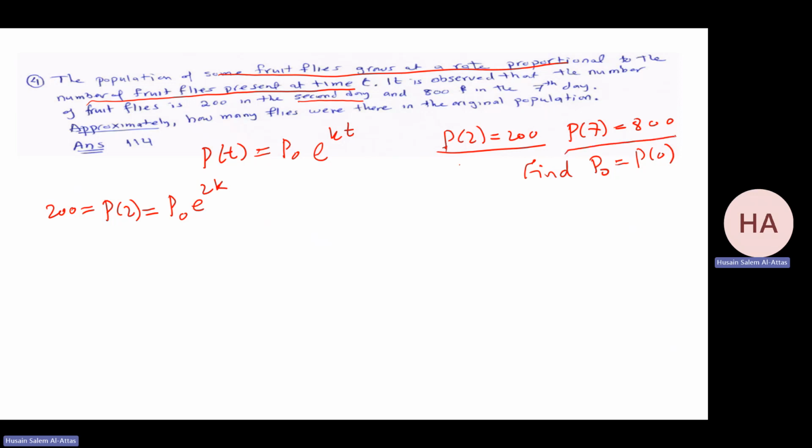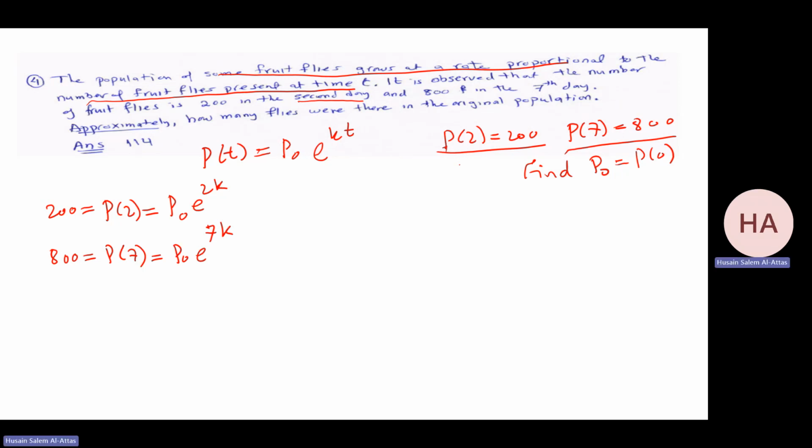I will use this. 800 equals P at 7, that will be P0 e^(7k). I need to find P0.